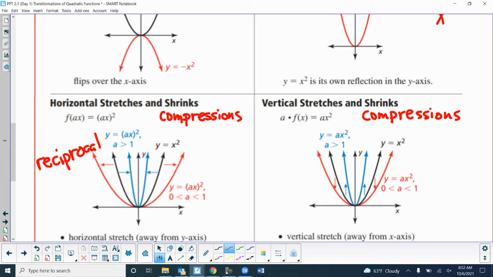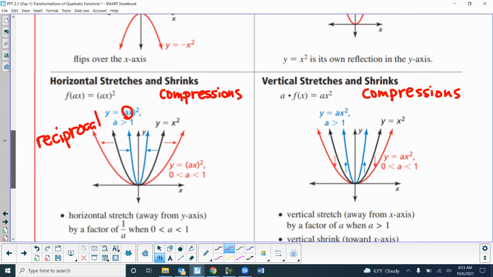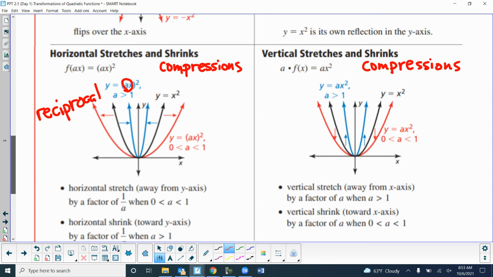So if it was a horizontal stretch by a factor of 2, we would multiply just the x part inside here by 1/2. If it was a horizontal compression of 1/2, then we would multiply the inside part, the x part, by 2. So remember the reciprocal on the horizontal ones. Vertical ones, we just multiply by whatever factor they tell us by the whole thing, the y or the whole f of x. Again, review stuff we've already done, right?